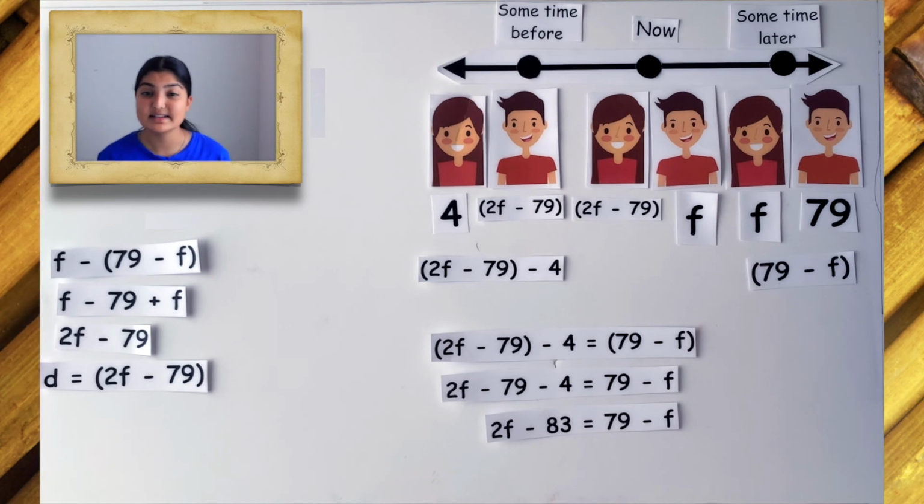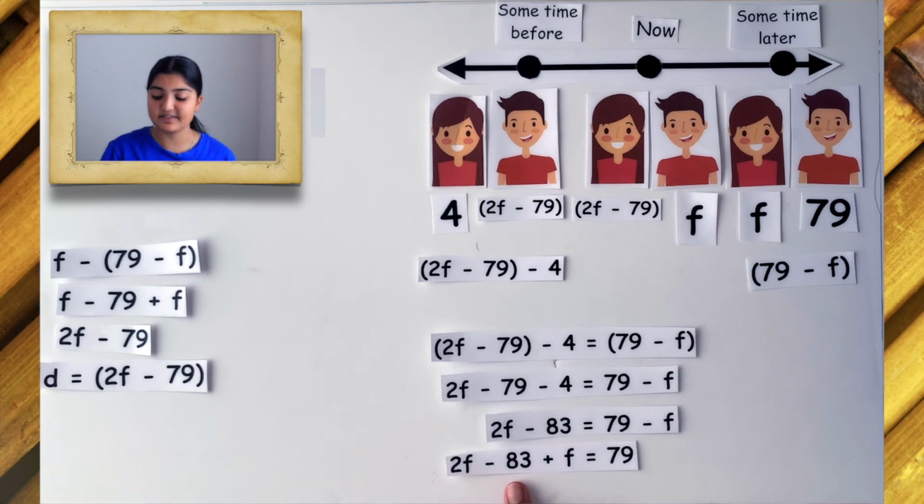So now, let's bring the variables to one side and take the constants to the other side. So, we can bring -f to this side of the equation, where it will become +f. And let's take negative 83 to the right side of the equation, where it will become positive 83.